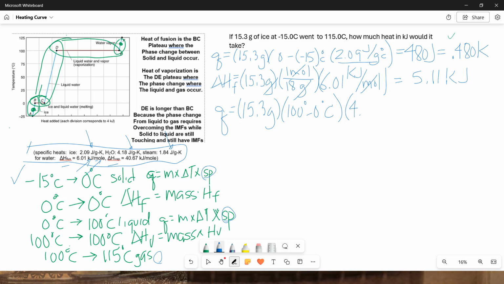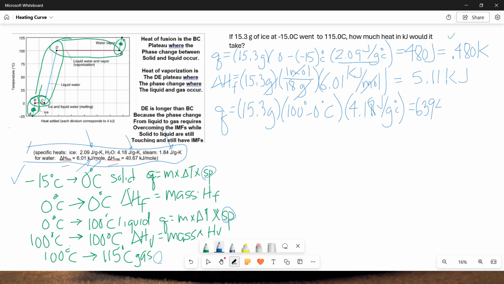It's going to be 4.188 joules per gram Celsius or gram Kelvin, does not matter. If I multiply through here, I am going to get 6,394.5 joules. And if I divide that by 1,000, so that I'm in kilojoules, and I use sig figs, I'm going to have 6.40 kilojoules.